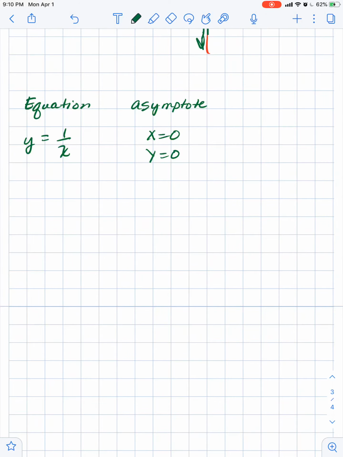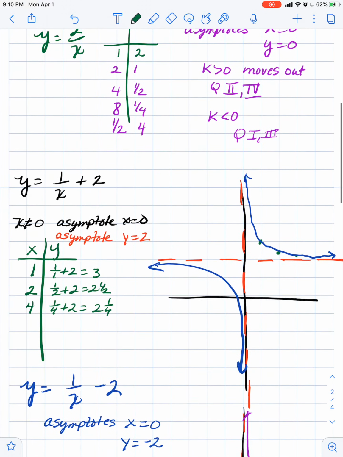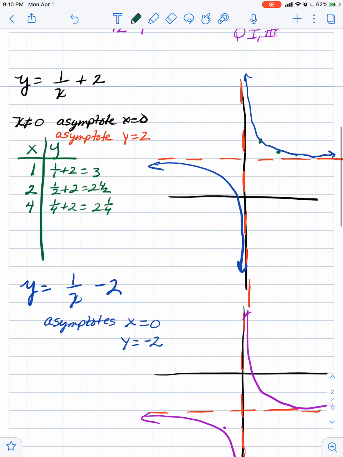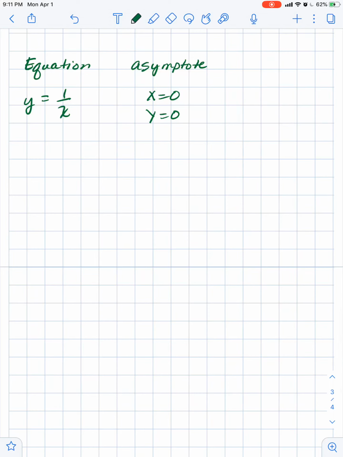Okay, if my equation, let's go back up, had 1 over x plus 2 or minus 2, that just moved my graph. So y equals 1 over x, and let's call this plus h.